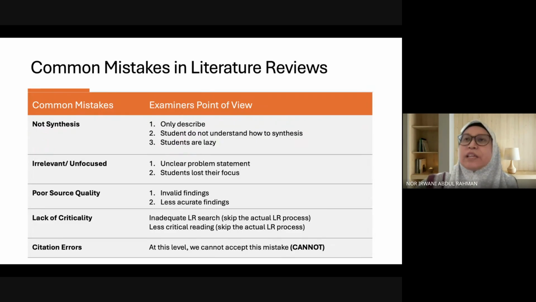If you find yourself lazy, do not further. But if you want to come to master's level or PhD level, make sure that you are able to change yourself from lazy to hardworking. We do not accept this kind of mistake.